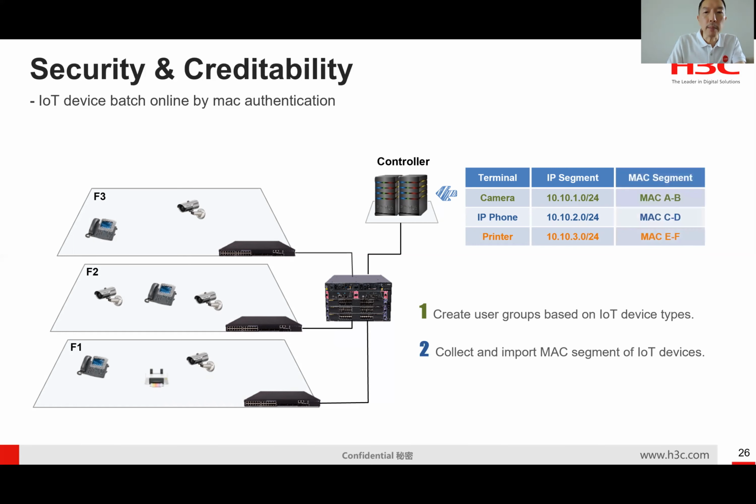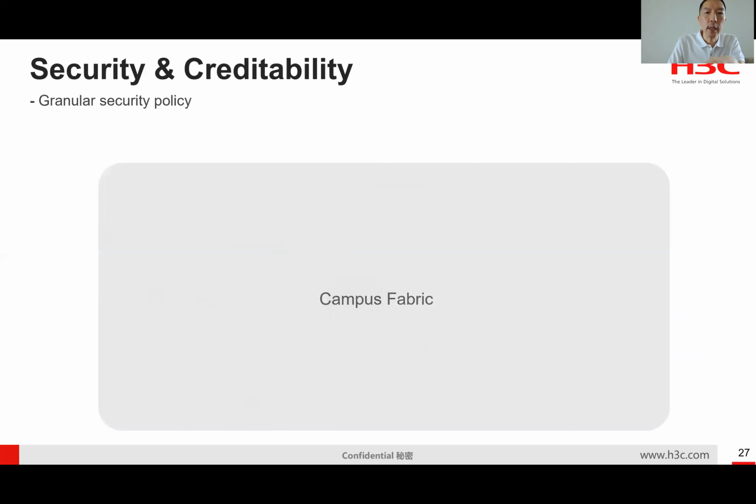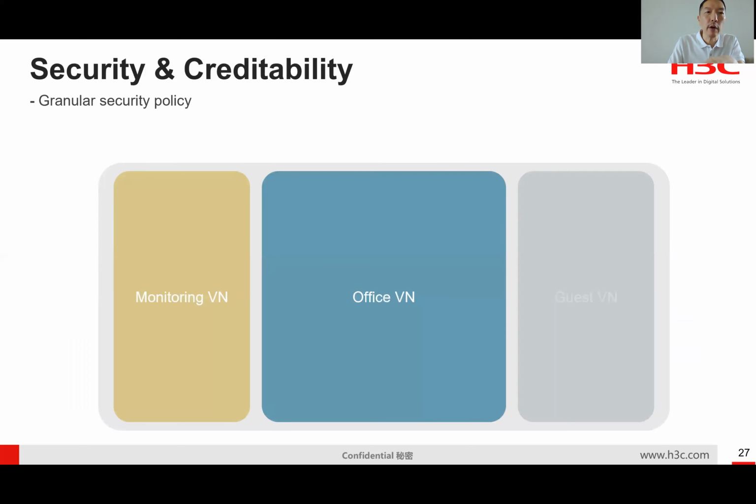Once you input everything into the controller, we can collect and import all the information, and finally all the devices will be plug and play in the network. You just need to gather all the information and put it into the brain, into the controller, into the director, and everything can be done. Here, we talk about the campus private network.